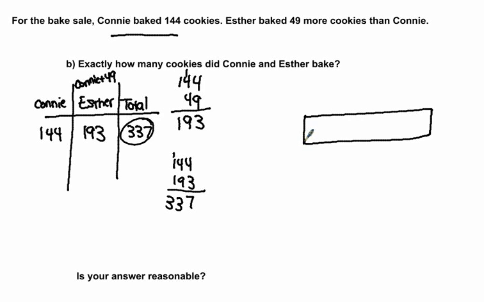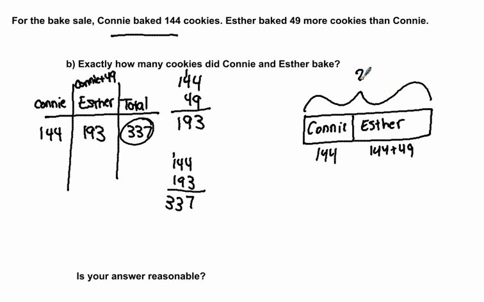We would have a section for Connie, who is 144, and Esther would be what Connie made plus 49. Because it would be the same as Connie, but a little bit more, and then you were asked to find the total, so that's where we would have put the question mark, and we would have found out that the answer is 337.